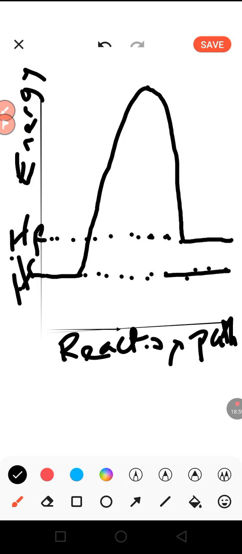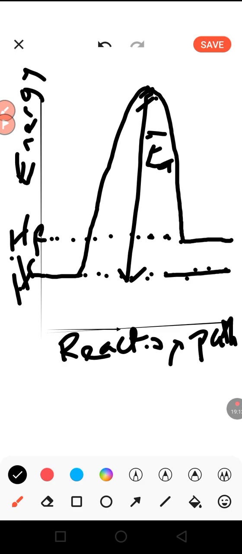Now, from this peak to the line of reactant is your activation energy, EA. And of course, this is your product, and this is your reactant.